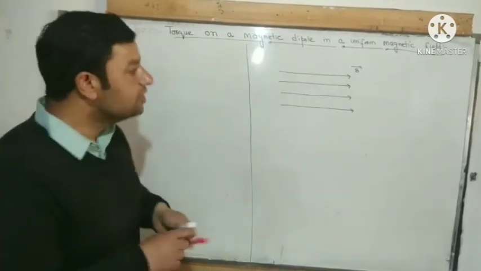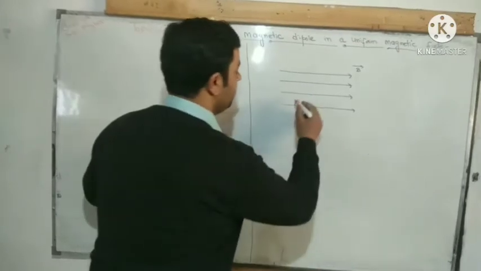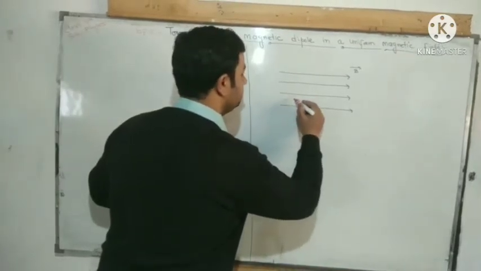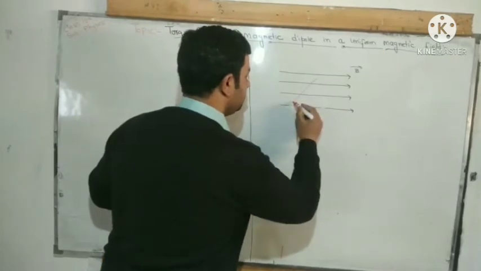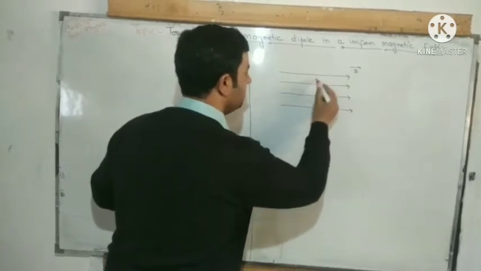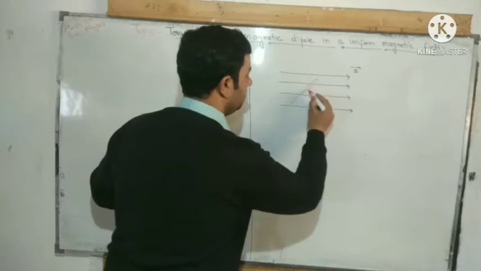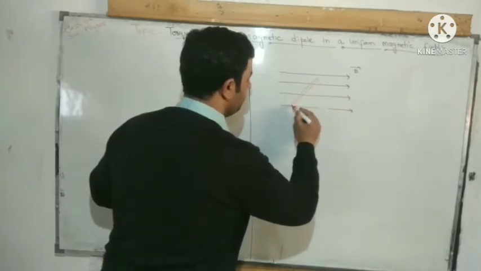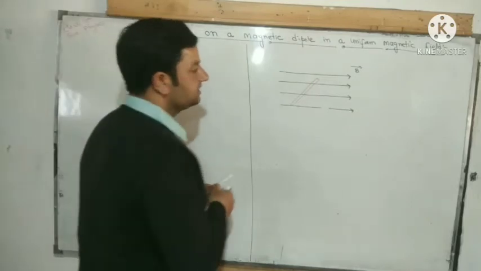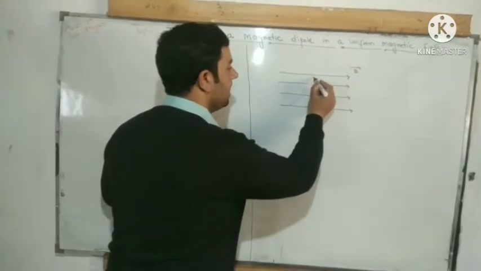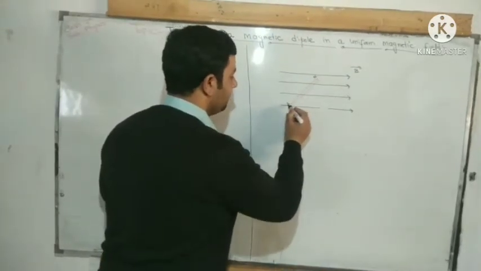Recall that a magnetic dipole has two poles, a north pole and a south pole.